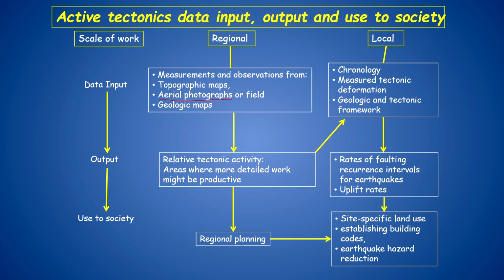And before this, we try to look at the global scale and the regional scale, and what the tectonic setup is. For example, if you talk about the Himalaya, what sort of deformation do we have in the Himalaya, and what type of faulting can be expected from that region.